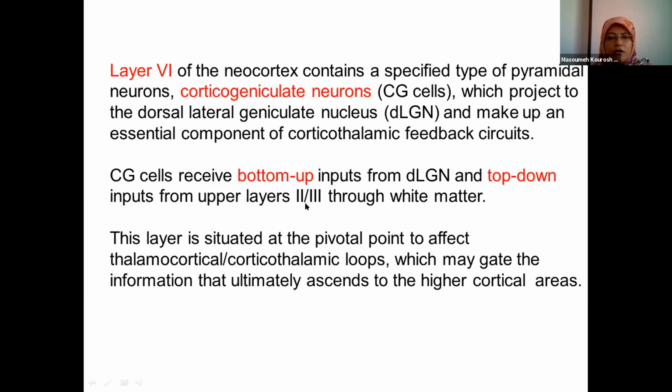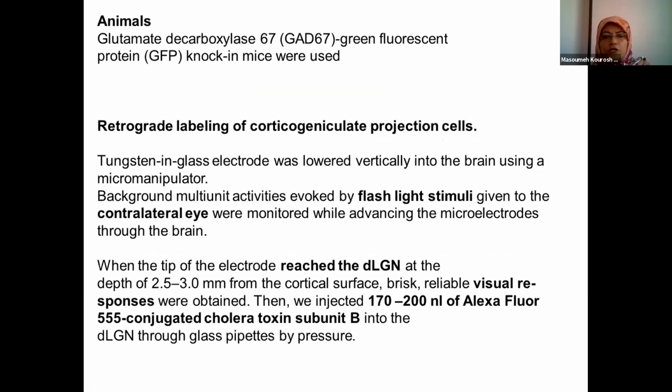This layer can affect both thalamocortical and corticothalamic loops, which mediate the information that ultimately ascends to the higher cortical layers.